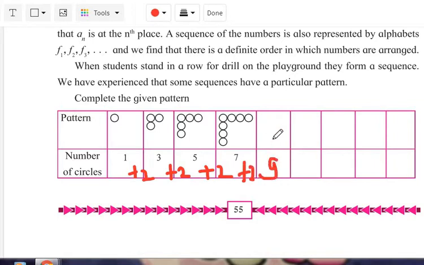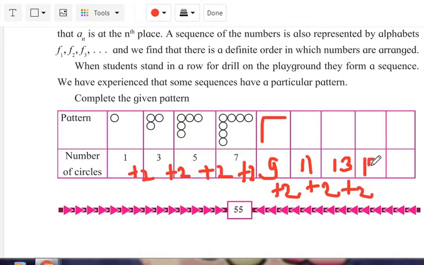And we have to draw how many circles here? 9 circles. Then 9 plus 2 is 11, 11 plus 2 is 13, 13 plus 2 is 15, 15 plus 2 is 17, and so on.